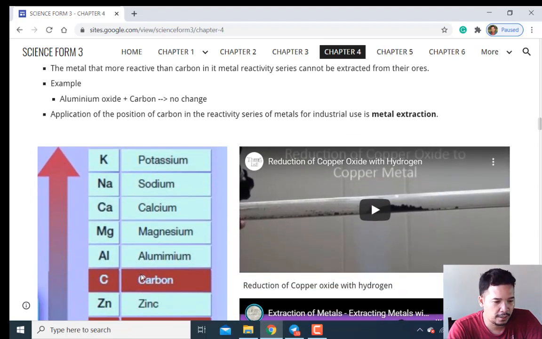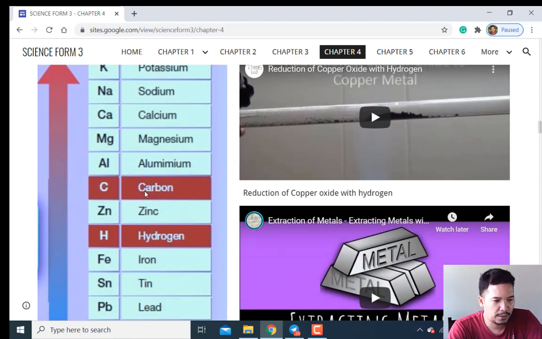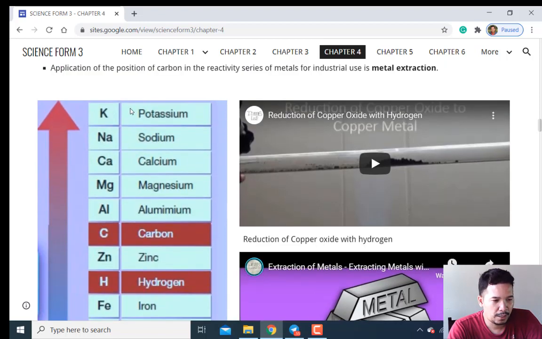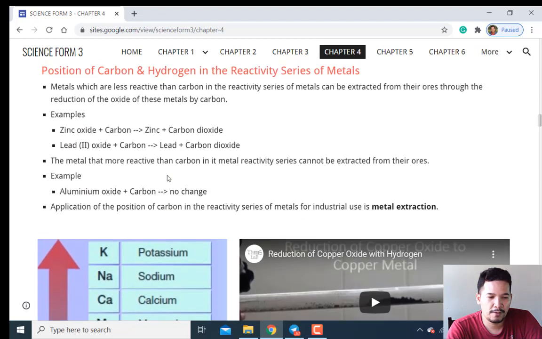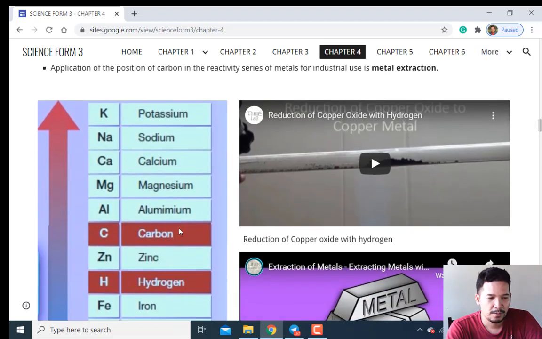So you can see here, the position of carbon is here. The metals that are more reactive than carbon, such as aluminium, magnesium, calcium, sodium, and potassium, will not have a change in the reaction because of the position.